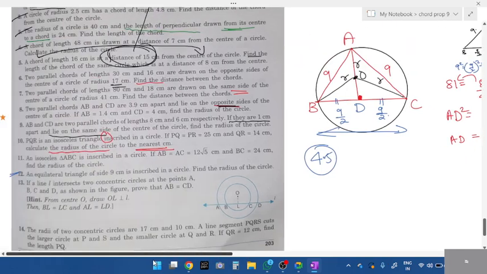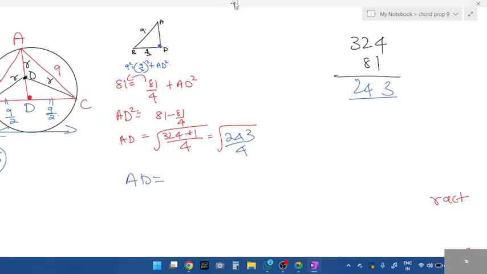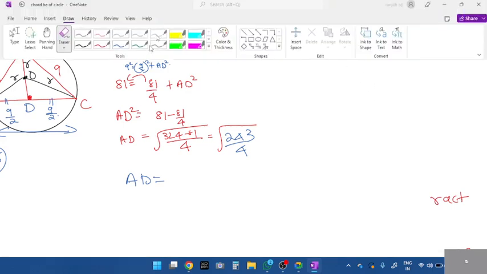Okay, what's the answer, students? Which one is this? 12th question. 243 divided by 4. What did you get? Now, factorize 243.